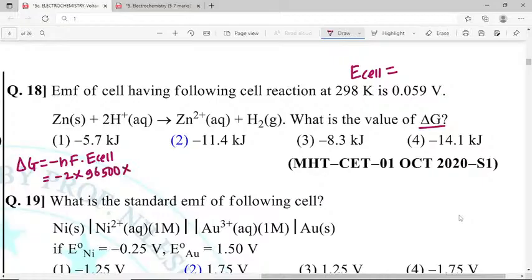What is the E cell? 0.059, and this whole divided by 1000 will give the kilojoule. The answer is negative. Always remember, joule divided by 1000 is equal to kilojoule.